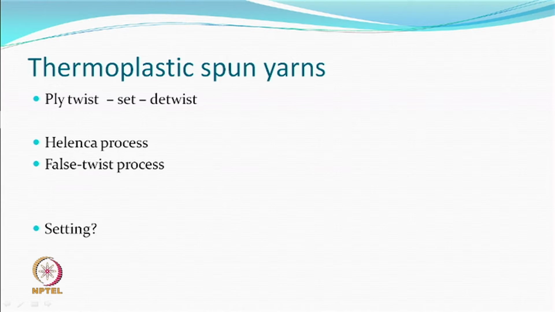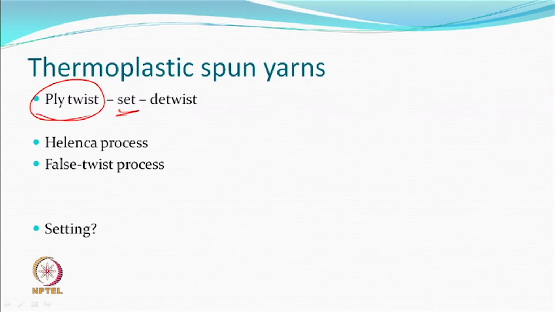So, now you have another opportunity getting created where either the thermoplastic nature could be used in blends and do not use anything else, or use mechanisms to set the non-thermoplastic part also. So, if there are thermoplastic fibers, you give a ply twist, then you set and then detwist.